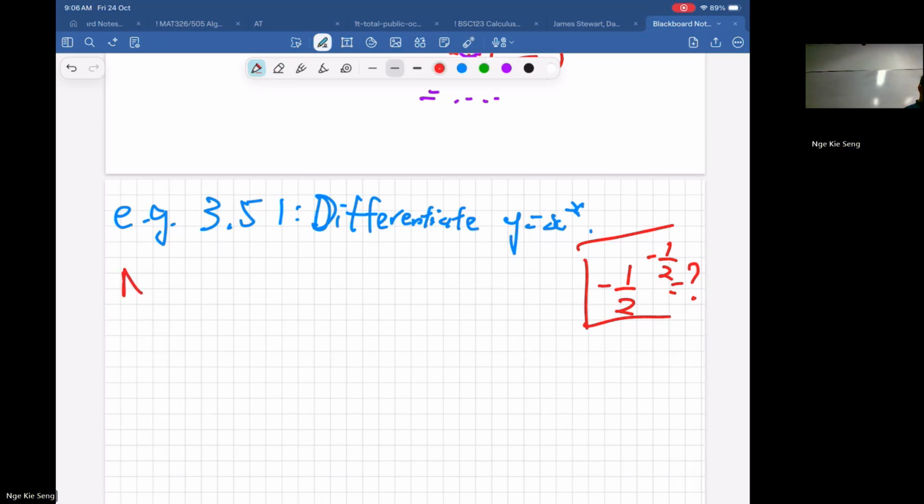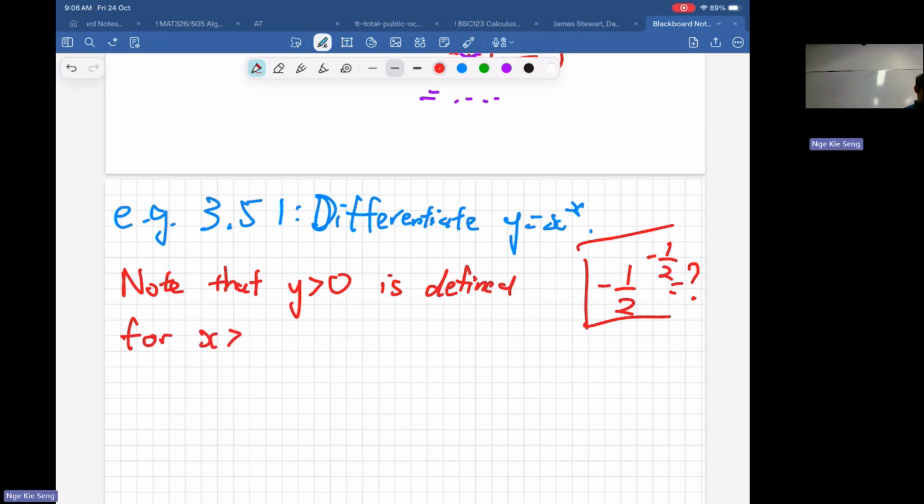So y is defined for x greater than 0. Okay, so we are fine. If x is greater than 0, then the whole thing will always be greater than 0. So ln will work for points that are positive.